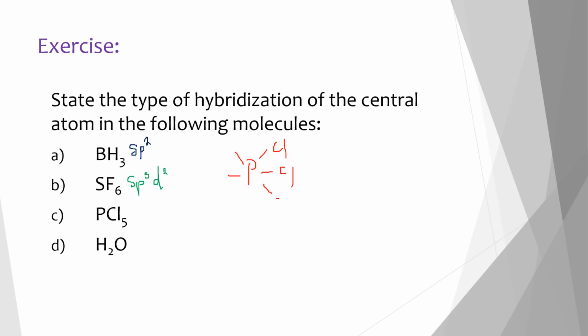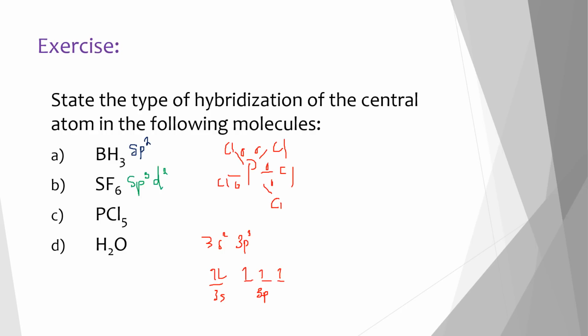As you can see from the Lewis structure, the phosphorus needs to form 5 sigma bonds with the chlorine. The electron configuration for phosphorus is 3s2 3p3. So draw the unhybridized state first, 3s and 3p.